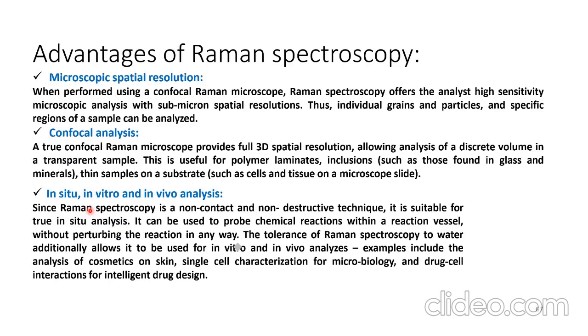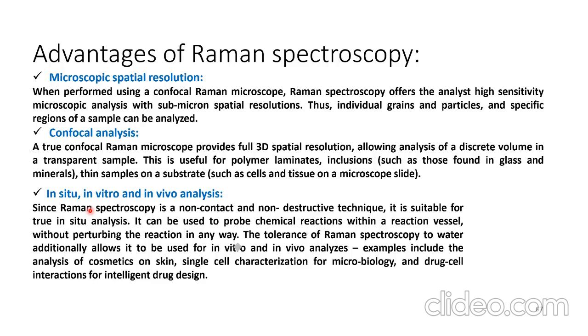And the microscopic spatial resolution is also another advantage. Raman is generally combined with a microscope, so we can see the sample where we want to do the analysis. We can select the region, the grains or particles where we want to check the property, or whatever we want to analyze.